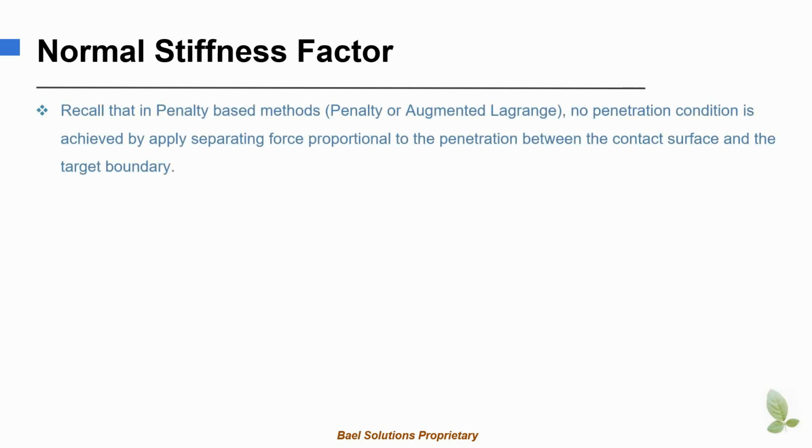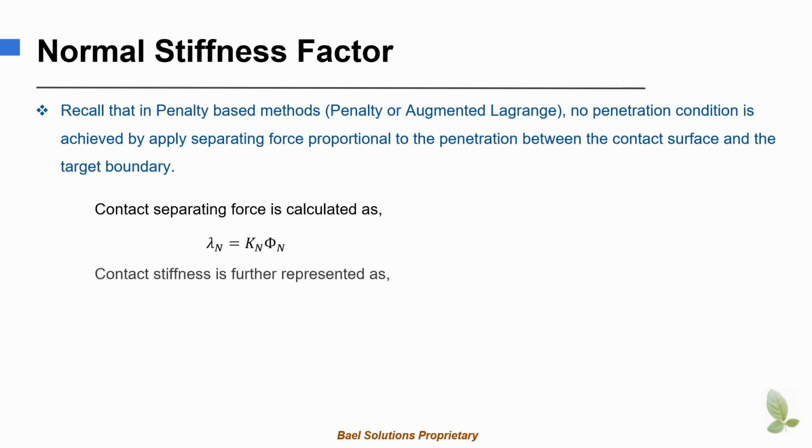Recall that in the penalty and the augmented Lagrange method, no penetration condition is achieved by introducing the separating force that is proportional to the penetration and the contact stiffness. In the mathematical terms, the separating force lambda is equal to the contact stiffness Kn multiplied by the penalty function phi n.